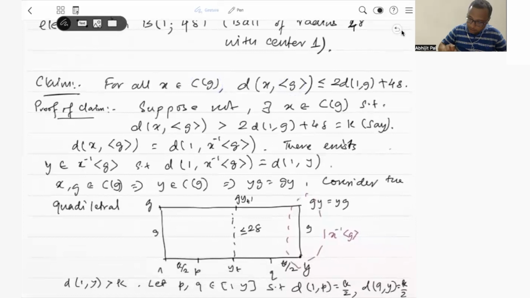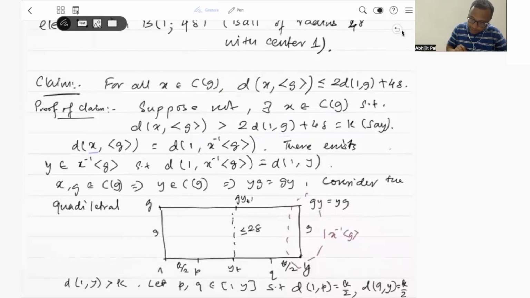Okay. So suppose this claim is not true. Then there exists an element x in the centralizer such that the distance between x and the cyclic subgroup is strictly greater than twice the distance between 1 and g plus 4 delta. Let us take this quantity to be K.